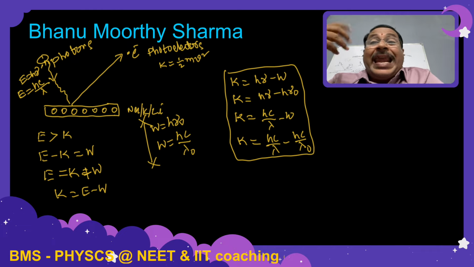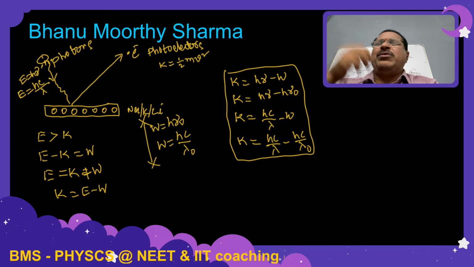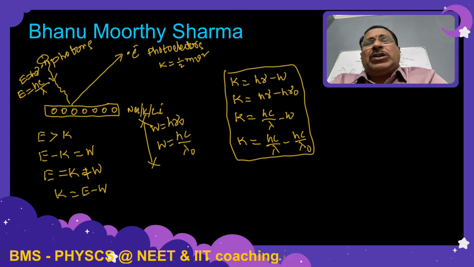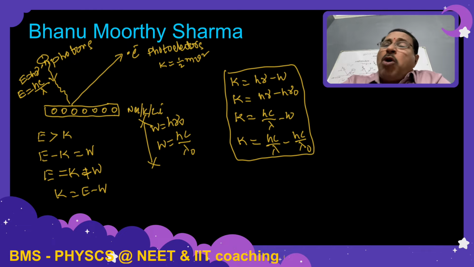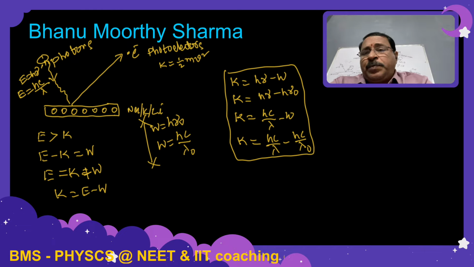These collisions are elastic collisions. They may ask this question in NEET as well as IIT: what type of collisions take place in the photoelectric effect? Elastic collisions, because photons and valence electrons are both elementary particles, and among elementary particles elastic collision takes place. So there is not much difference between the velocity after collision and before collision.